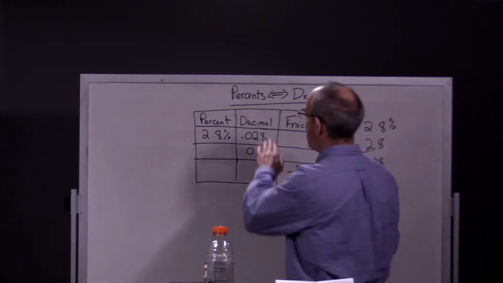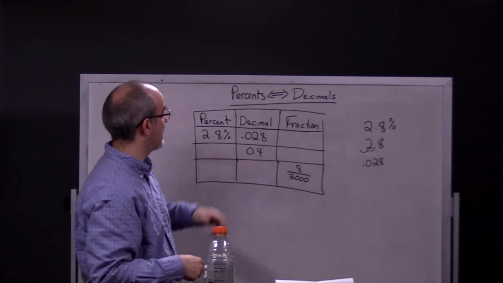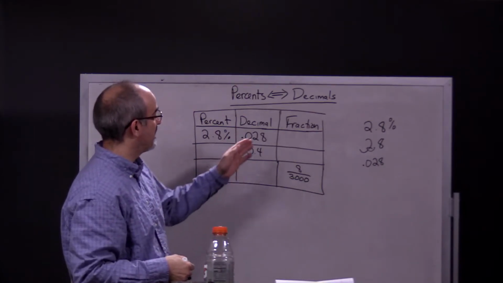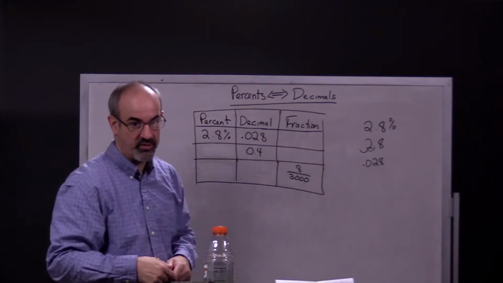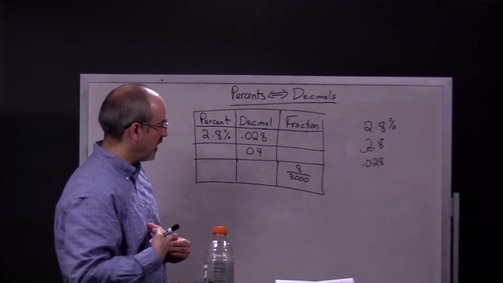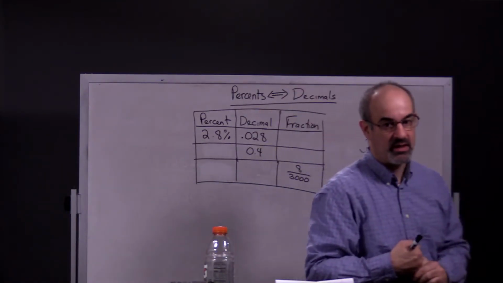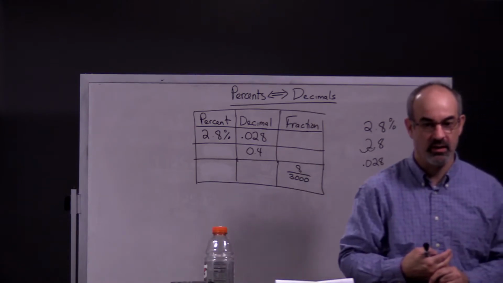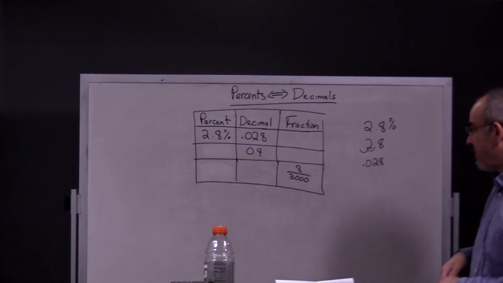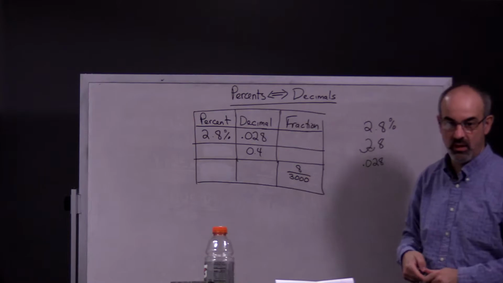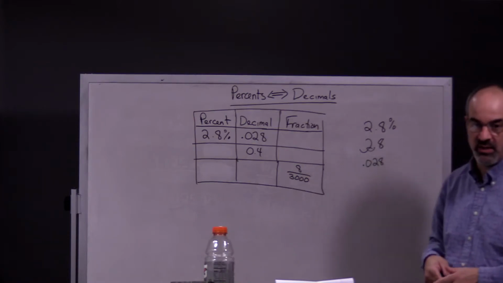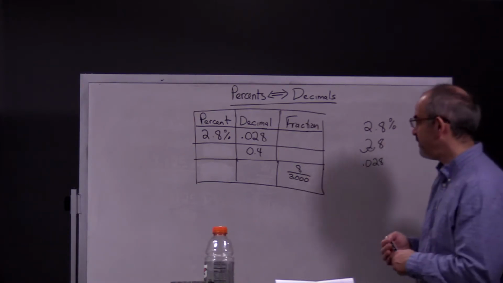Alright, once you have the decimal, remember how you write a decimal as a fraction? I'm going to do it over here first because usually when you write something in its fractional form, you want it in the lowest terms. So I'm pretty sure when we write it as a fraction the first time, it will simplify.